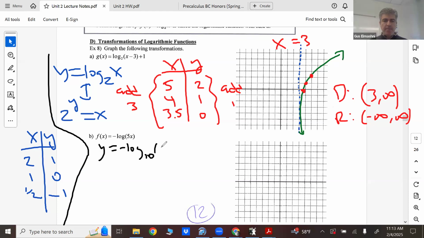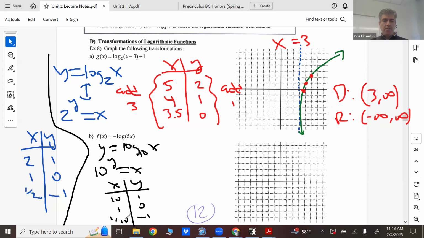What's your base here, by the way? Yep. Your parent function is log base 10 of x. How are you going to change x, guys? Good. Divide by 5.